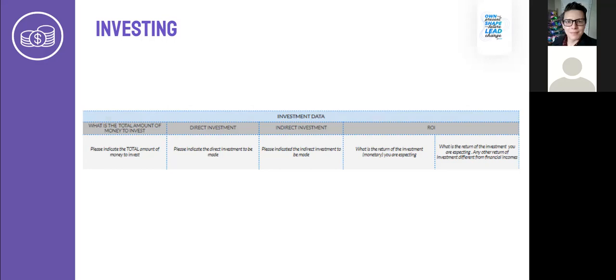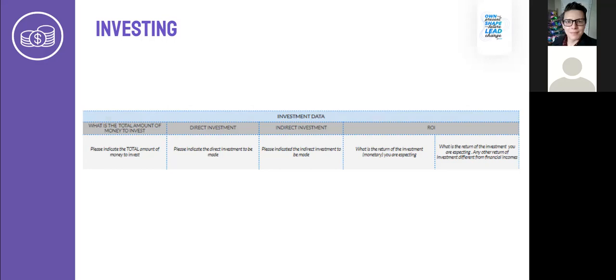Also, we have the ROI that we just looked at. In this case, because we know that not all areas are focused on money, we are going to divide the ROI into two parts. The first one is the monetary ROI, and the second one is any ROI that you consider may be suitable for the area. This doesn't mean that we are not going to calculate the monetary ROI.